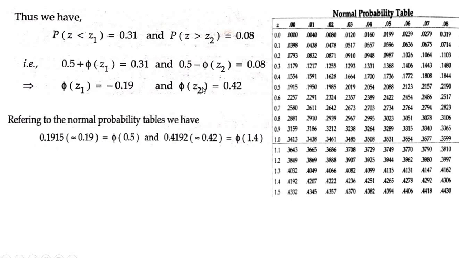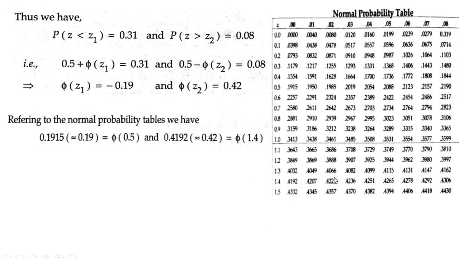Similarly, for what value of z2 do you get 0.42, we have to calculate. So search for 0.42 here. You get 0.42 for 1.4, we can consider, or else 0.4207.